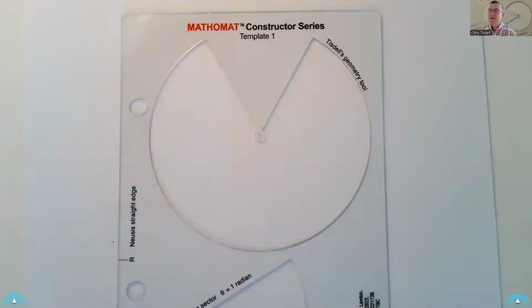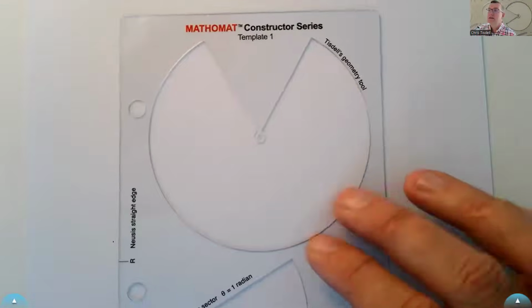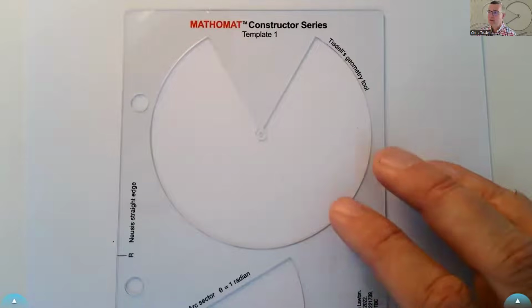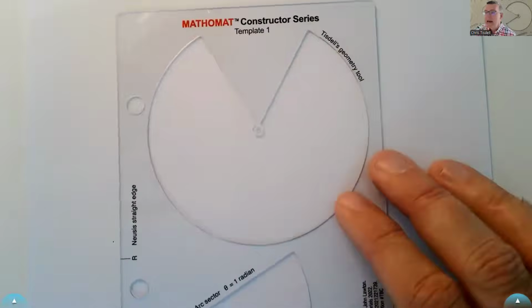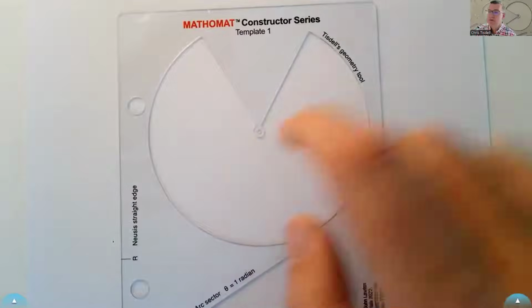Okay, so let me share my screen with you, and I can show you what's going on. All right, so here we have one of the tools that I've designed. It's called a Mathemat Constructor series. And you can see here we've got a circle arc template with a center point.